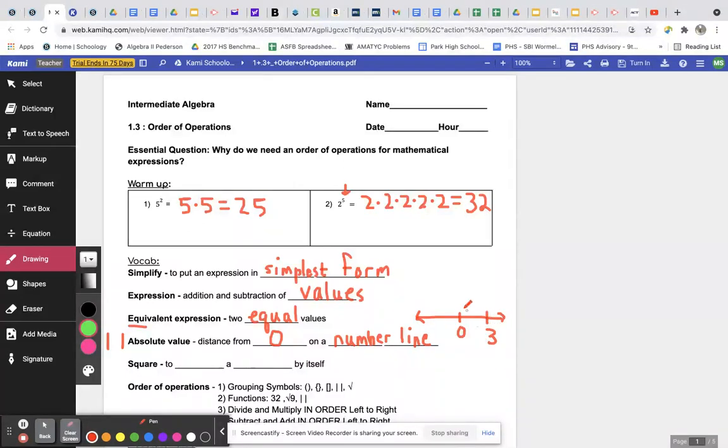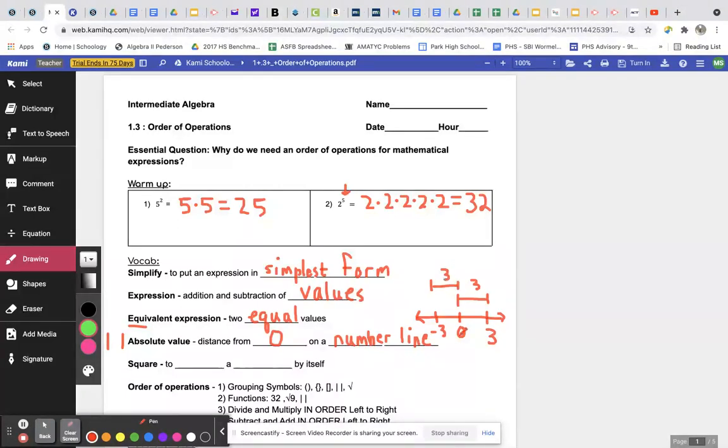You have 3, which is a distance of 3 away from 0. But you also have the number over here of -3. And -3 is also a distance of 3 away from 0. It just happens to be in the other direction.